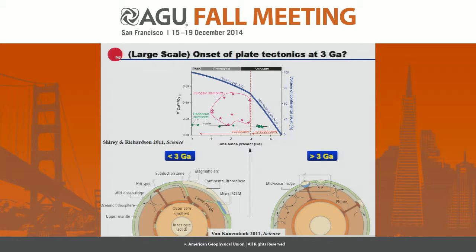So implications: maybe before 3, at least on a really large scale, I'm not pretending there is no subduction before 3 billion years ago, but before 3, the main tectonic regime might be dominated by those vertical plume-like tectonics. And then from 3 billion years ago, we start with something which is pretty much similar to what we observe at the present day.